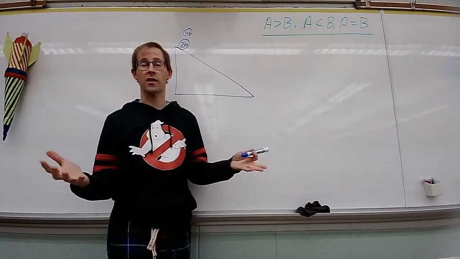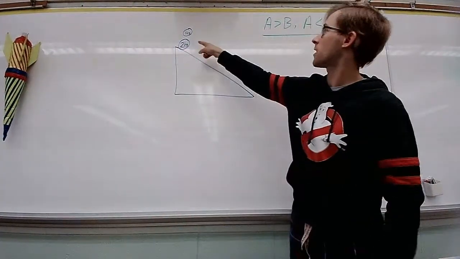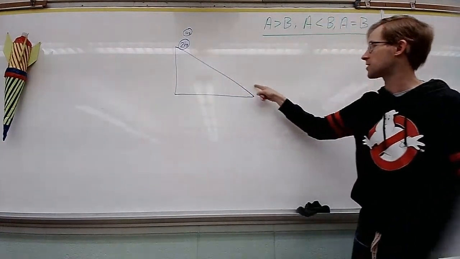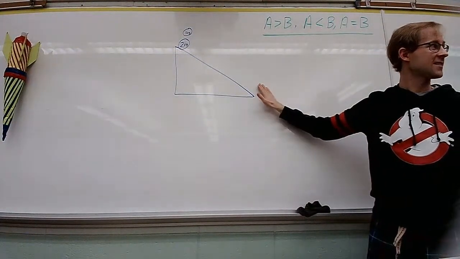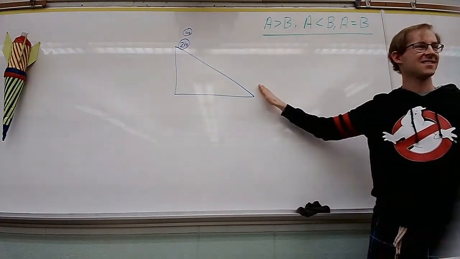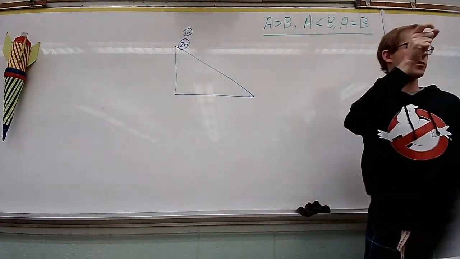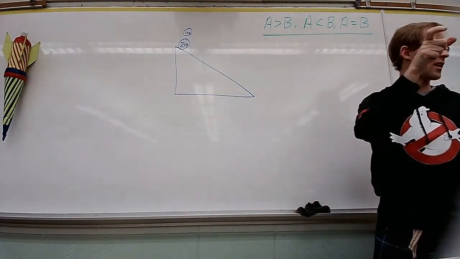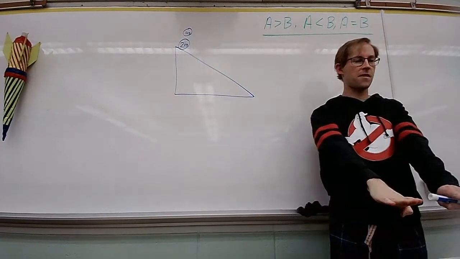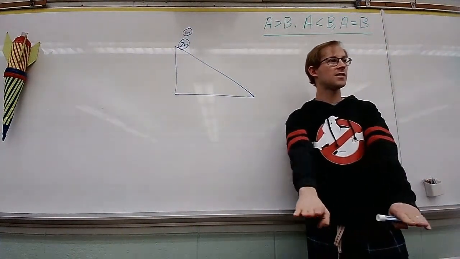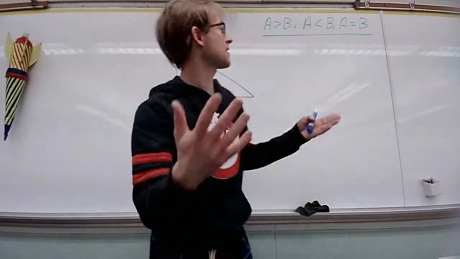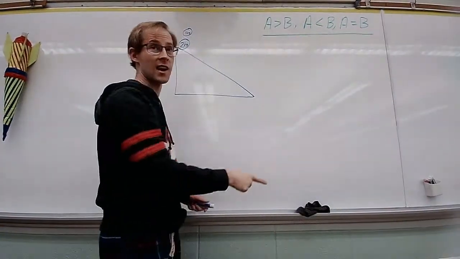So the real question is, which of these two objects is going to have the bigger velocity at the bottom? Does anybody know the answer to that question? What about if I just let them go from a certain height? How fast would they be going when they reach the ground? The same speed or different speed? The same speed. And the same thing is going to be true if you're on an incline.